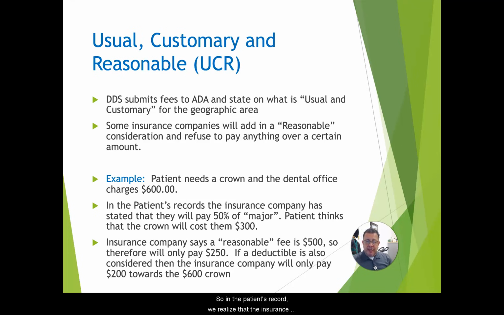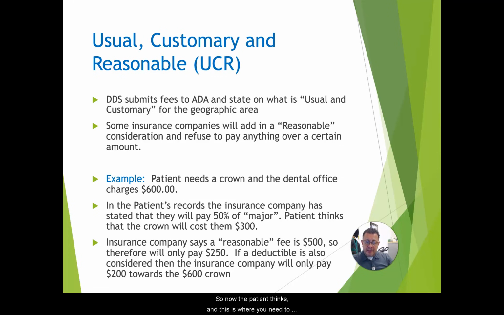So in the patient's record, we realize that the insurance company has stated that they will only pay 50% of major procedures. Remember, that's what I was just showing you in the last slide. Some of them will pay 80% of restorative, some will pay 50% of major. That's usually the case.